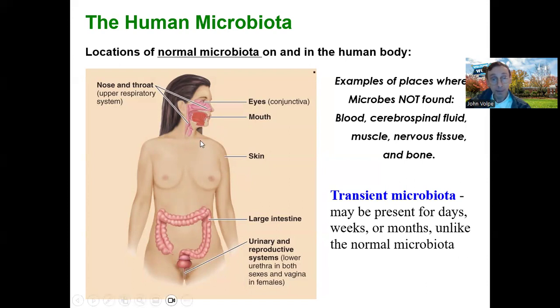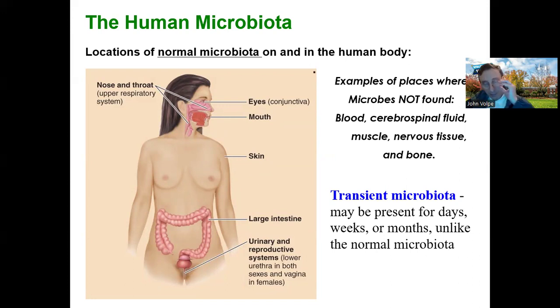Usually, deep in the respiratory system, like the lungs, usually do not have normal microbiota, as well as, at least in males, the bladder and higher up on the urinary reproductive system does not have a normal microbiota.